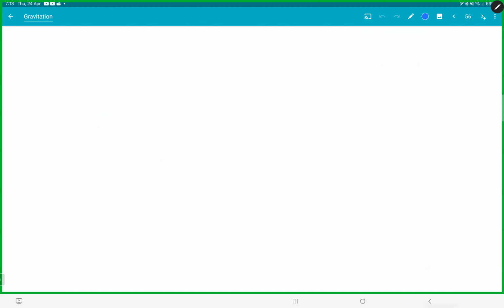Then if this radius r gets closer to the radius of the planet, generally most of our satellites that we launch are pretty close to the Earth, matlab 200, 300, 400 kilometers.